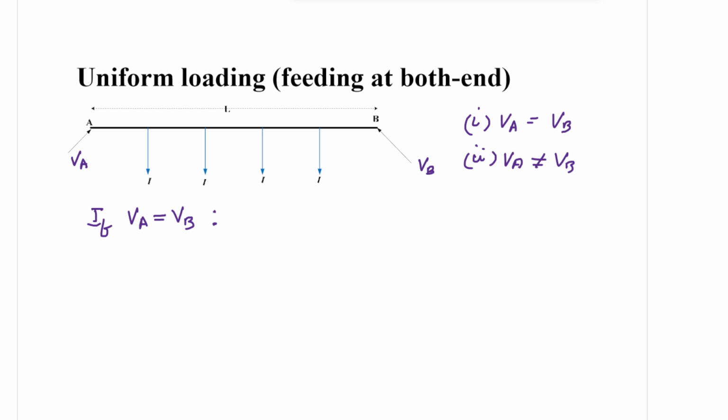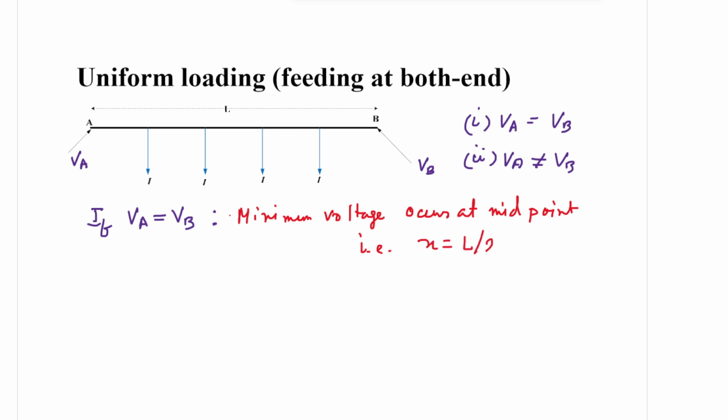The minimum voltage occurs at midpoint, that means at x equal to L by 2, because we are giving equal voltage.